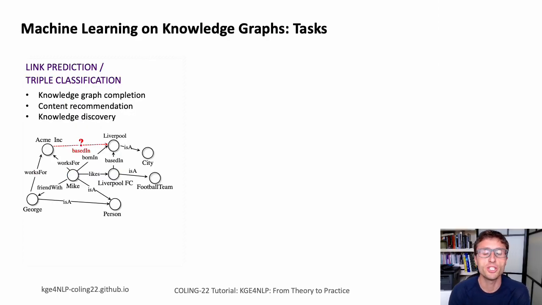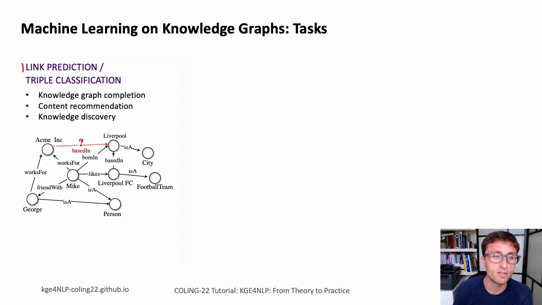So when we talk about machine learning on knowledge graphs, it's important to get a first understanding of the kind of tasks that we can carry out on top of these data structures. Well, first things first, we need to keep in mind that probably the first class citizen of machine learning tasks here is link prediction, also known as triple classification.